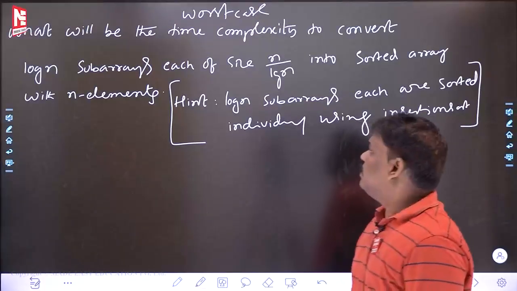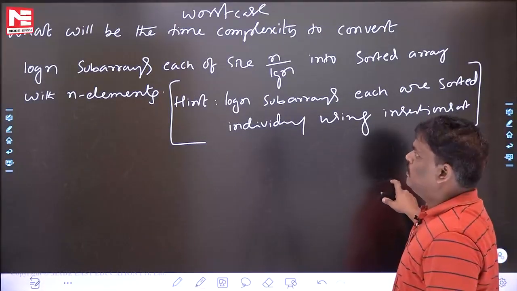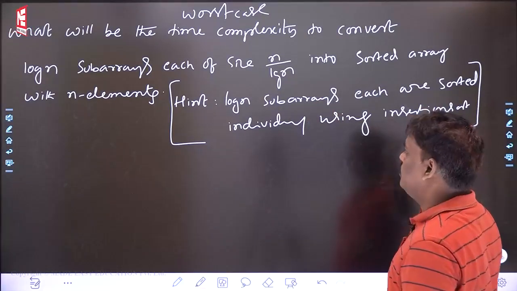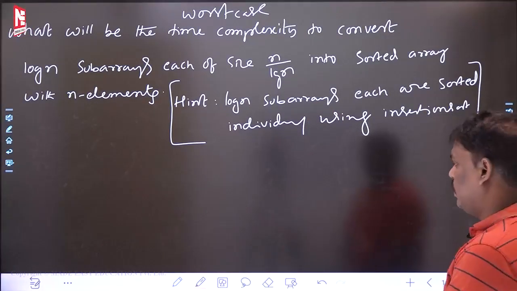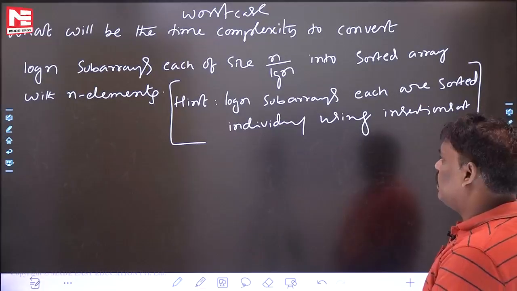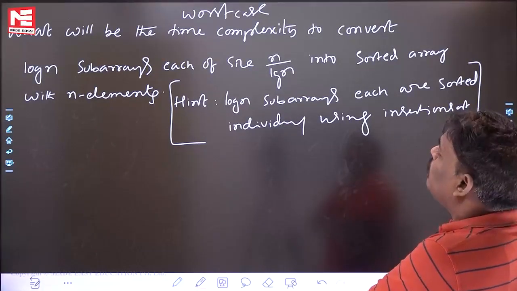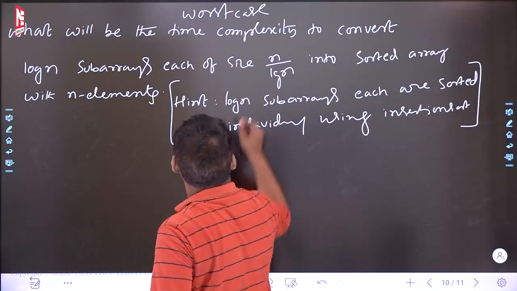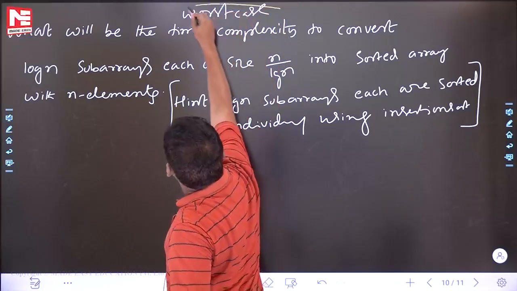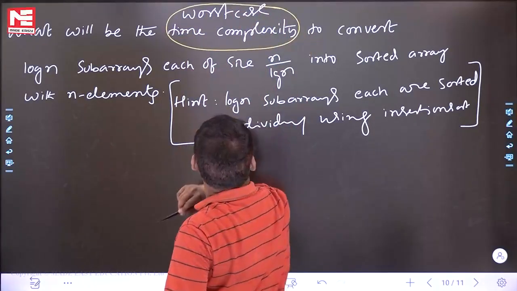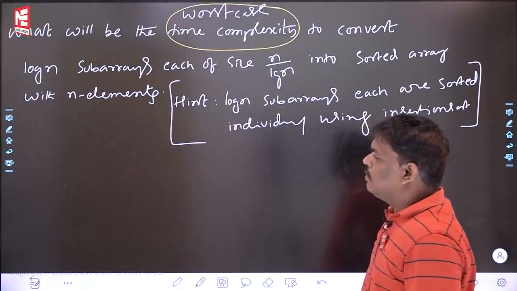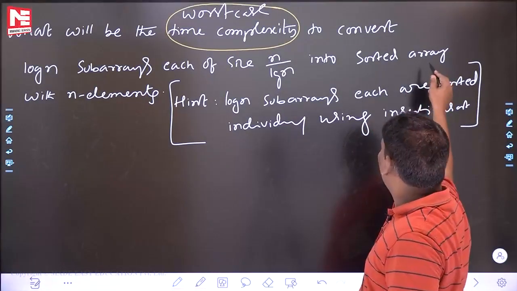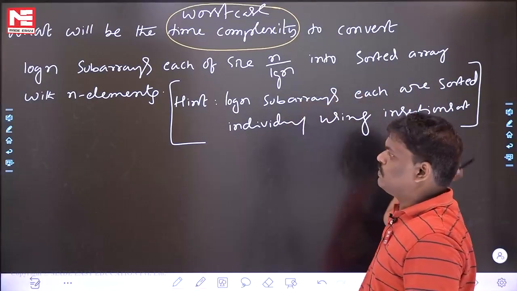Fine. See the last problem of merge sort, which is a nice problem. Please read it, I wrote it roughly. If you want, I will read it. What will be the worst case time complexity to convert log n subarrays, each of size n by log n, into a sorted array with n elements?